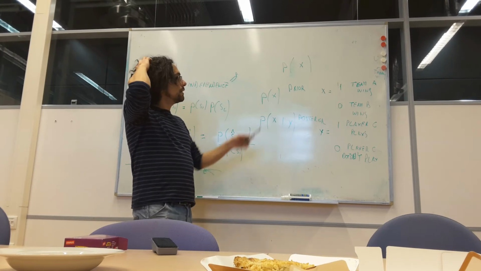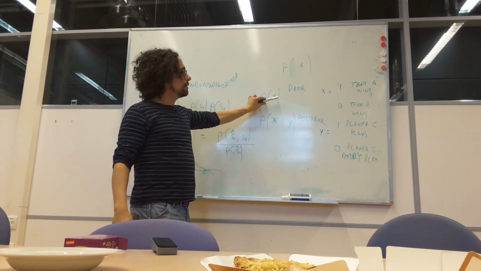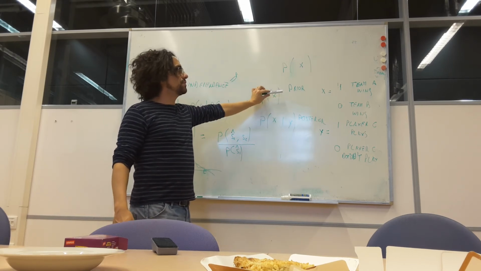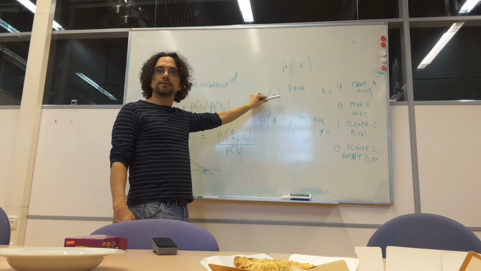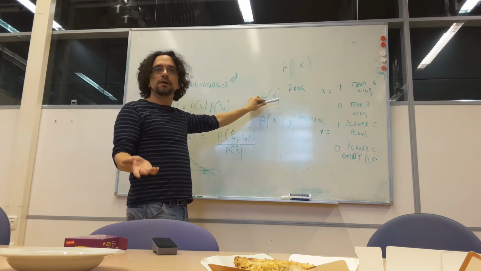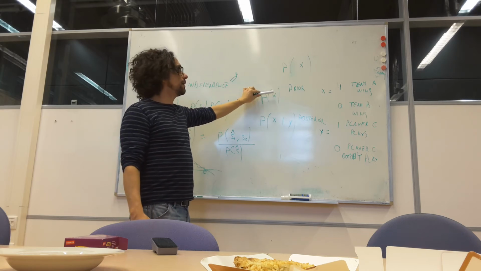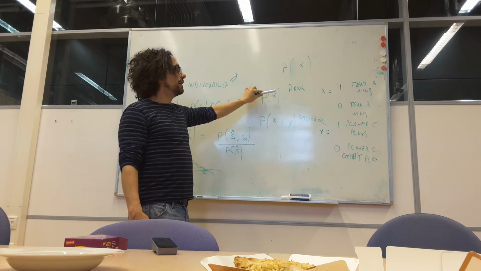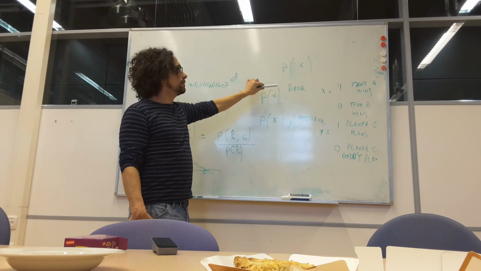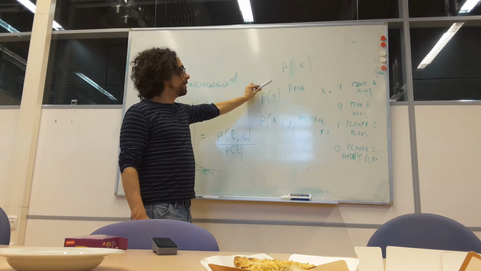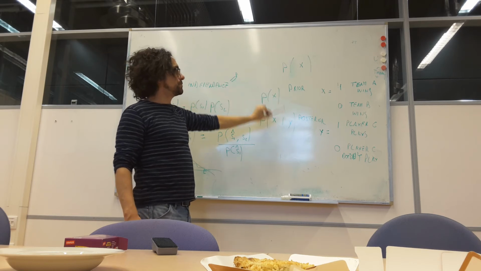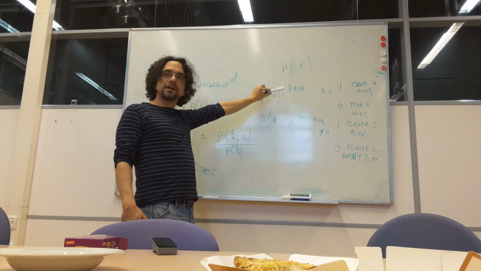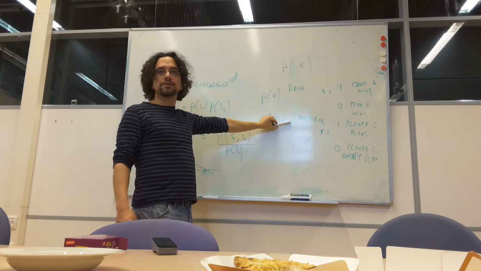And new data changes your Bayesian probability, so your expectation about an outcome. You go from a prior probability to a posterior probability. Prior is before I know the new data, posterior is after I know the new data.